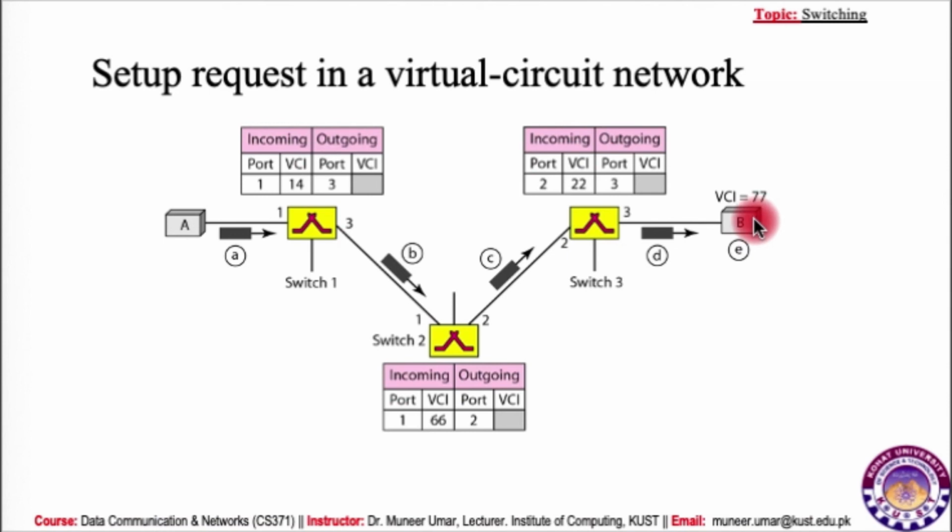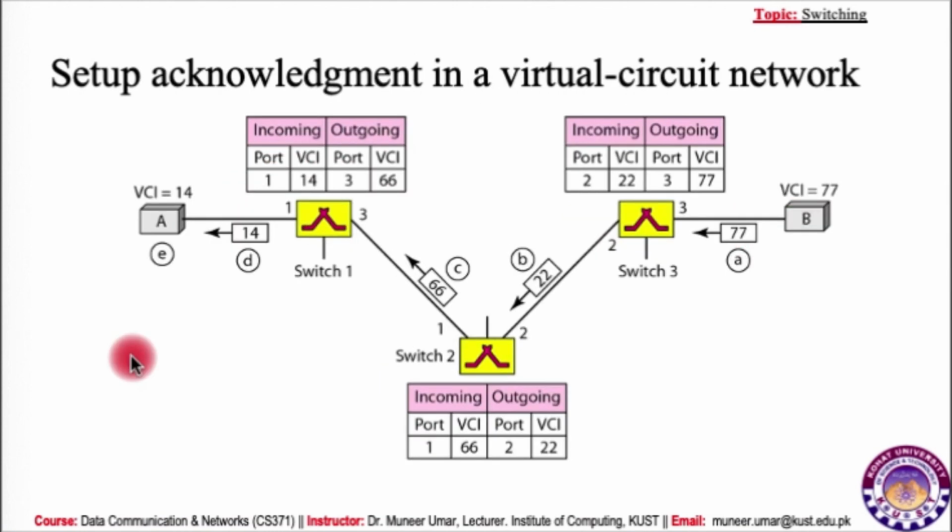This VCI lets the destination know the frames come from A and not other sources. So next time, if B receives a frame having VCI 77, it would assume that the frame is received from A.